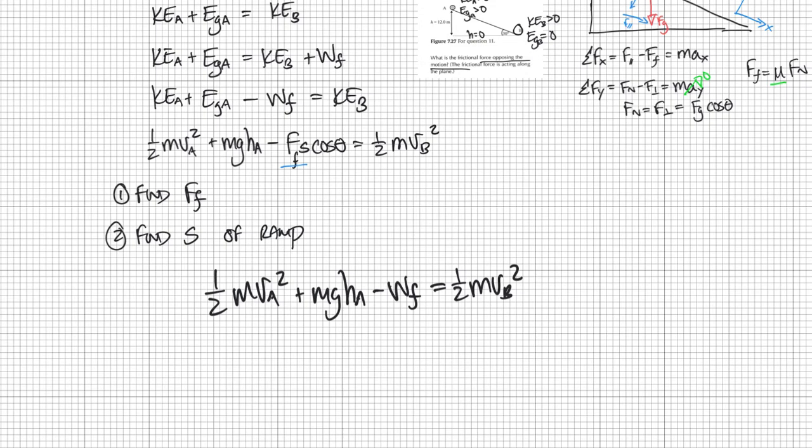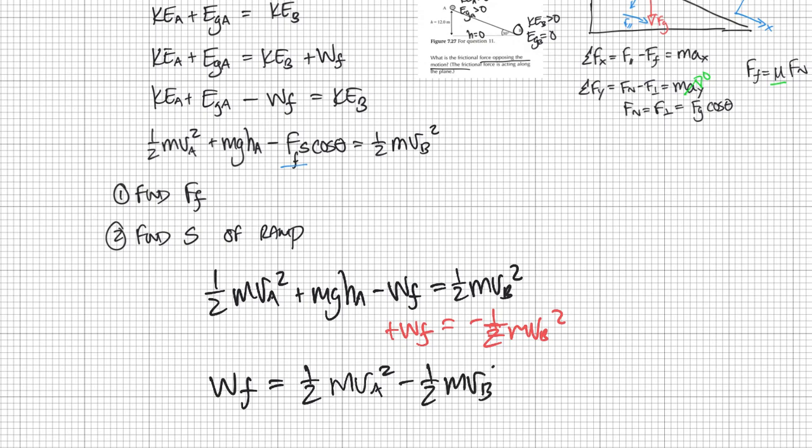So I'm going to add work done to the other side, and then I'm going to subtract 1/2 mvb squared. And so it's going to give me the work done by friction equals 1/2 mva squared minus 1/2 mvb squared plus mgha.